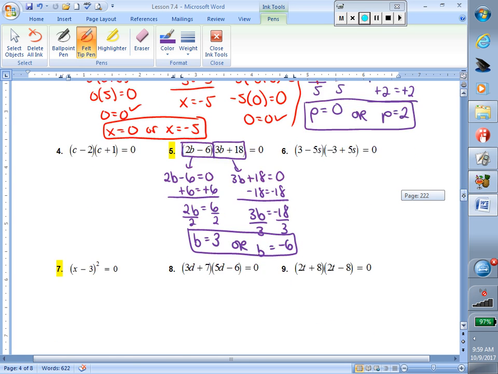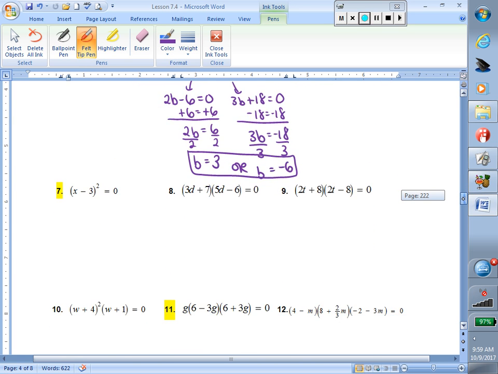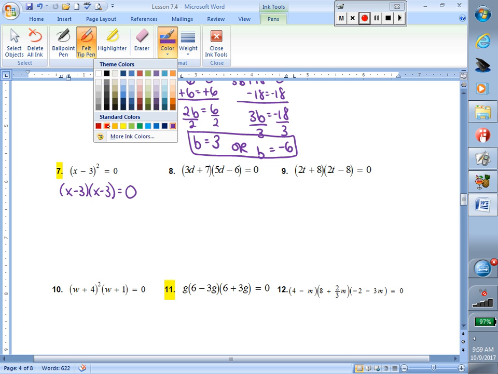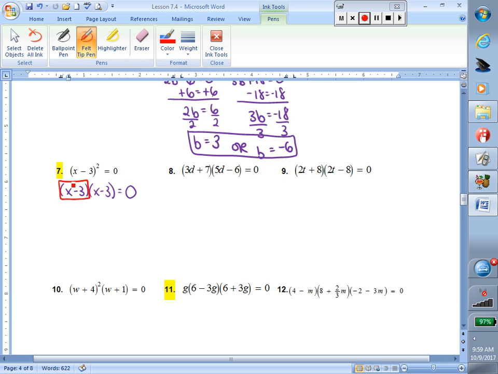Just want to look at just a couple more. We take a look at number 7. Number 7 was one of our special cases when we were multiplying. Remember, the squared means it's going to be x minus 3 times itself. So what we have is x minus 3 times itself.